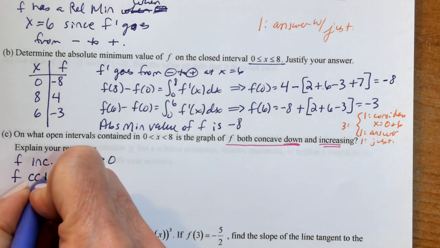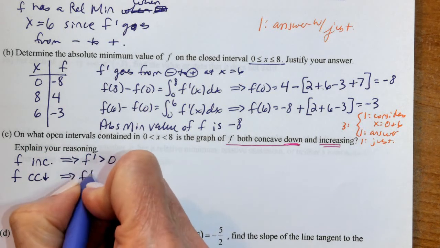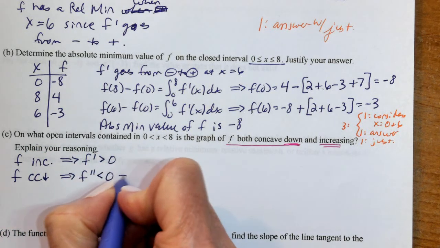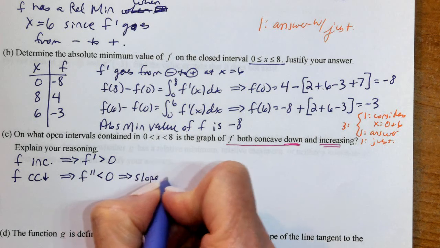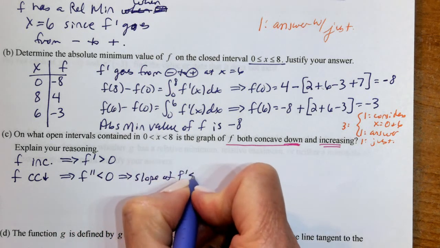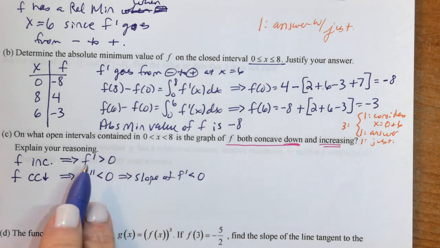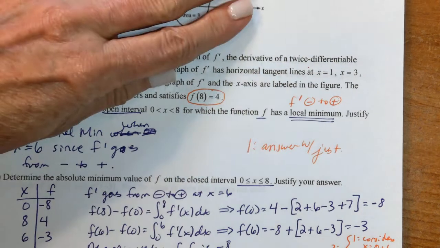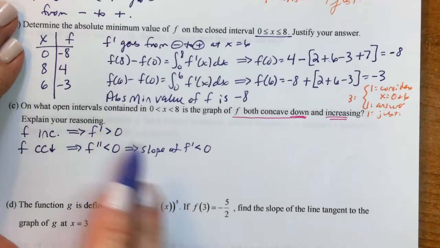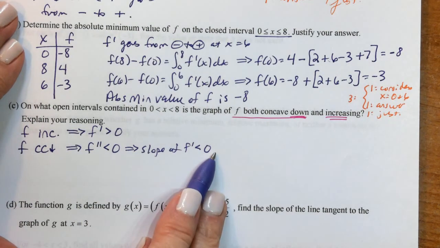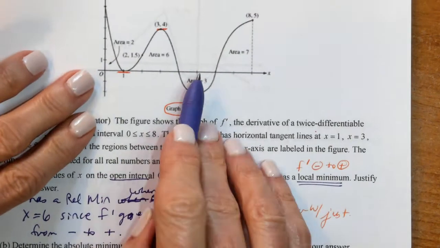F is concave down when f double prime is negative, meaning the slope of f prime is negative. So I want f prime to be positive. F prime is our graph. So I want the graph to be positive above the x-axis, but I want the slope to be negative, going down. So let's find out where that is.